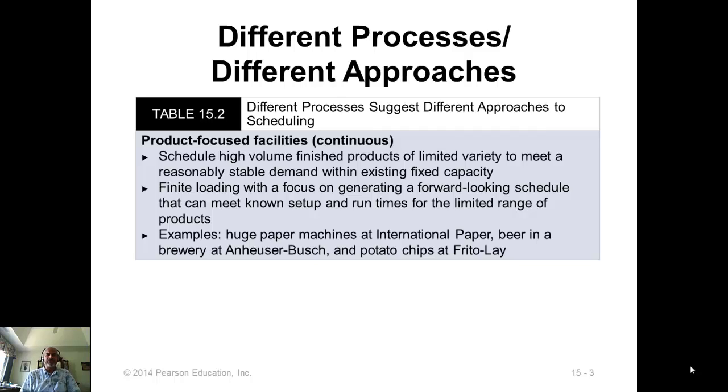Oftentimes this will be continuous production, like paper or steel sheets or carpet in our geographical area. In this kind of environment, since the volume is high and the variety very limited, we have to make sure that we have stable demand and fixed capacity, and produce within the fixed capacity. So finite loading is what is generally used.